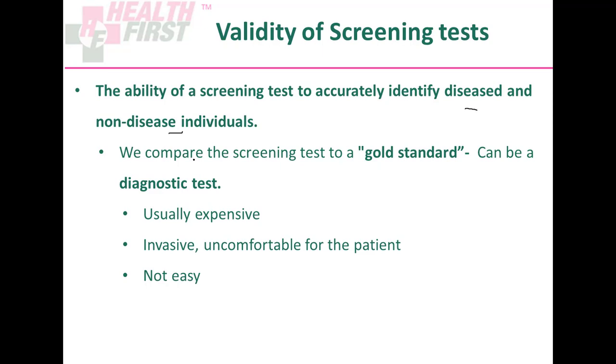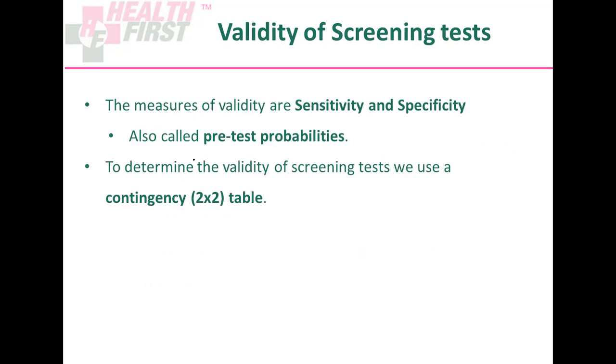It will usually be expensive, and it will usually be invasive and not easy to perform. That's the reason why we opt for the screening test in the first place, right? So when it comes to validity, the measures that we use are sensitivity and specificity.